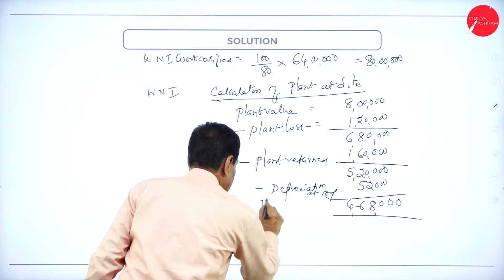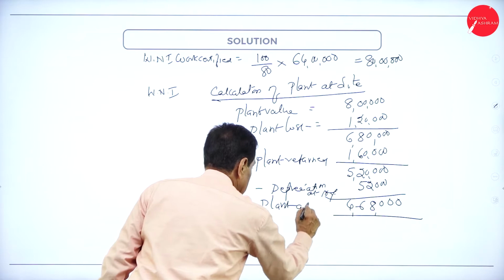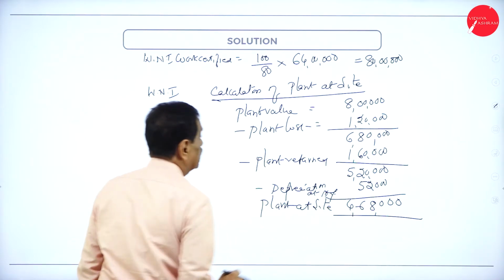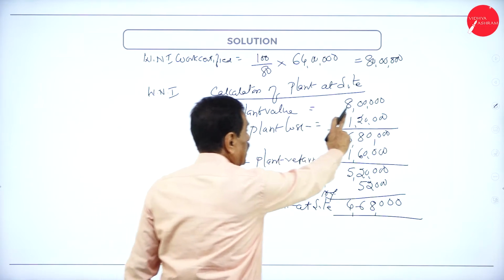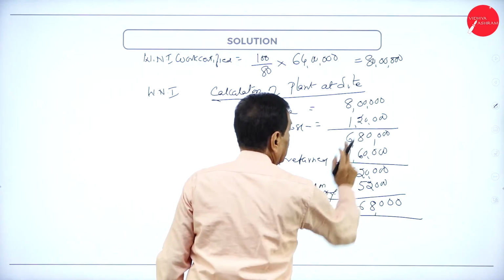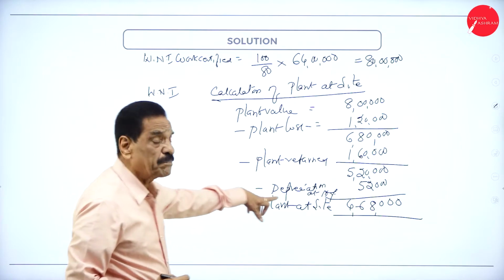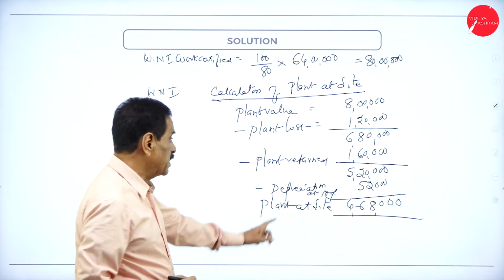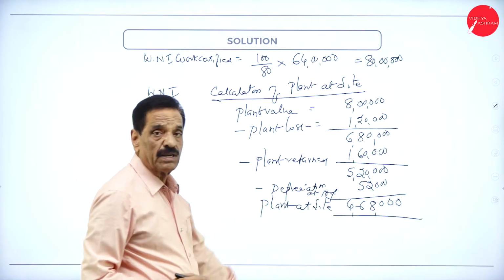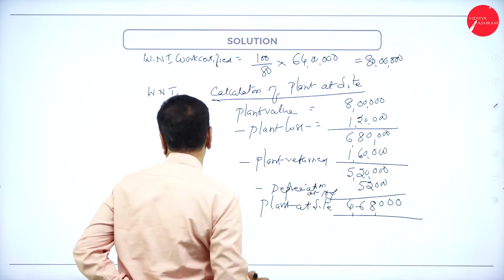This is the plant at site that we have to calculate. What's the format? Calculation of plant at site: plant value is 8 lakh, plant lost is 1,20,000, plant returned 1,60,000, leaving 5,20,000. Depreciation on this is 52,000. Plant at site is 4,68,000.